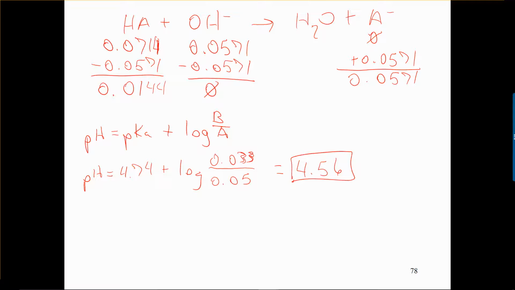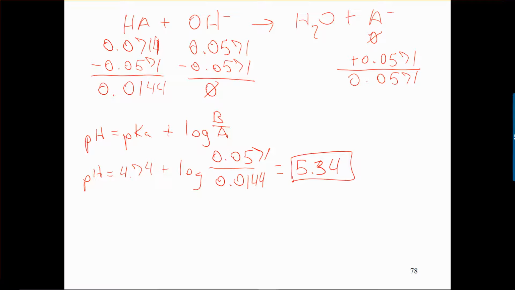All right. So now I'm just going to take my same Henderson-Hasselbalch, base over the acid. So now I have 0.0571 over 0.0144, or whatever you guys got for that number. And then my pH comes out to be what? Okay.